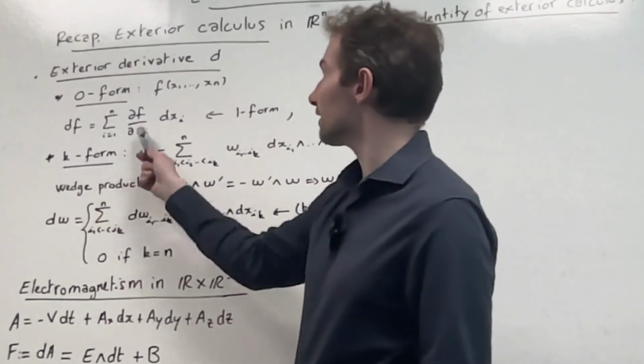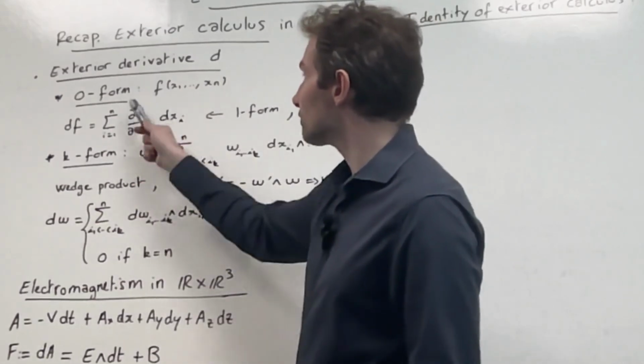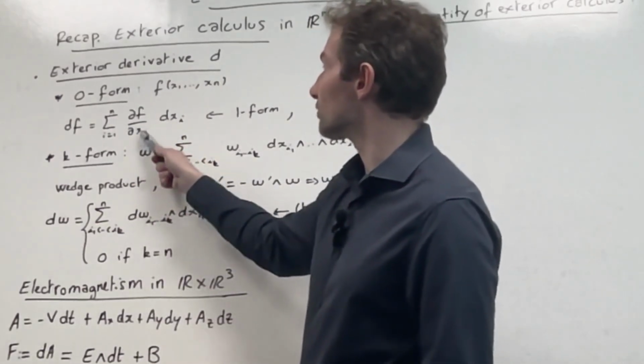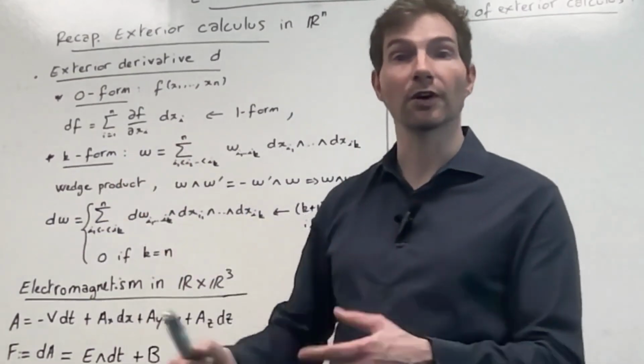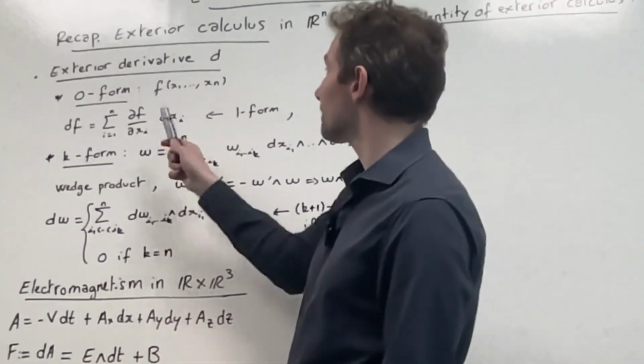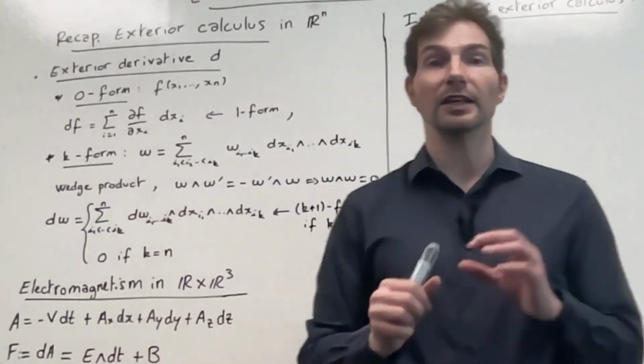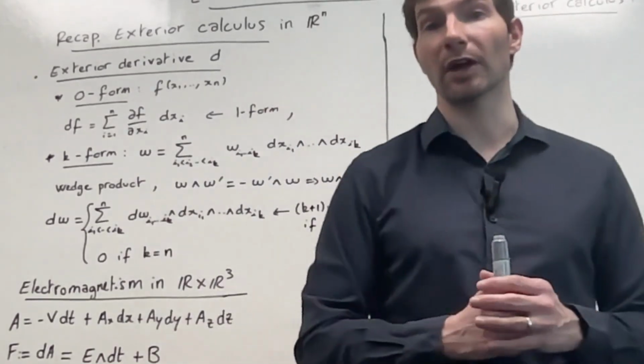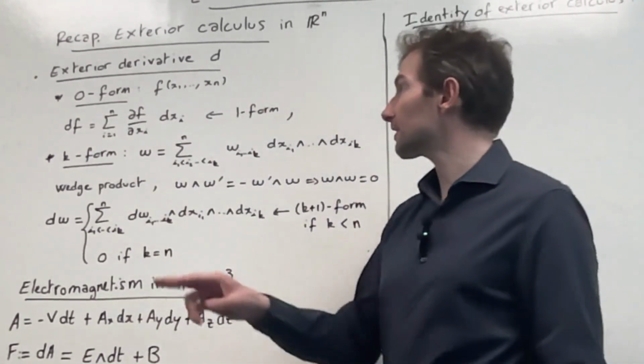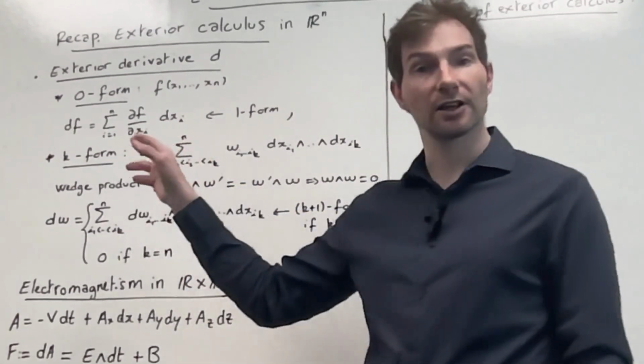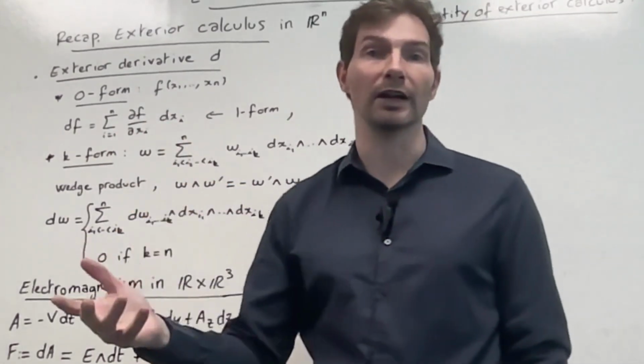And that's simply the sum of the partial derivative with respect to the respective variable xi, times dxi. Now that's the whole thing about exterior calculus, that these dxi's are going to appear just about everywhere.